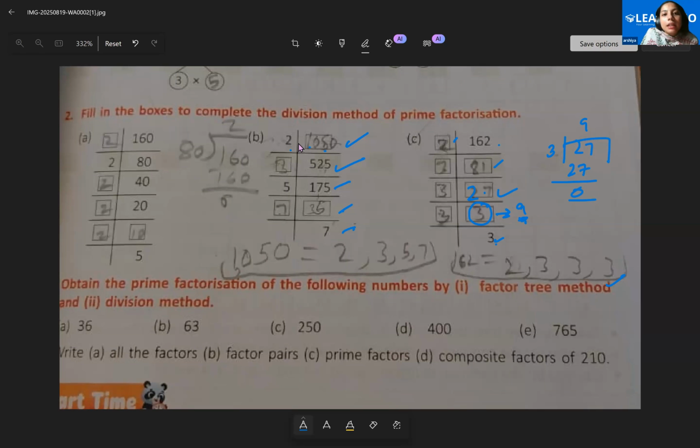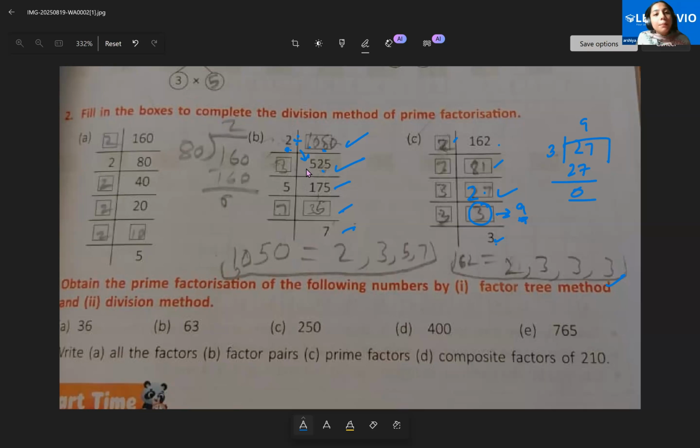Okay, so basically, let me tell you. If this and this is written, what does this mean? That I'm dividing these two numbers. So 1050 is divided by 2 and the answer is written here. Then I have to simplify this number.